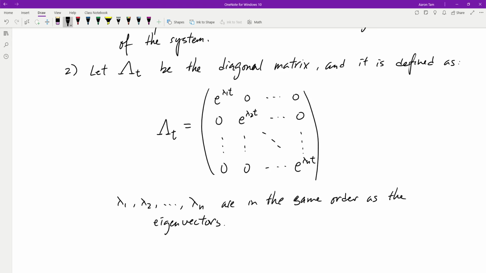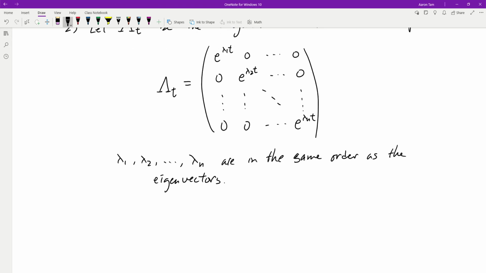So that is a diagonal matrix. I'm hesitant to call it an eigenvalue matrix because it's not just the eigenvalue, it's e to the eigenvalue times t matrix. So we are just going to call it lambda sub t matrix. Okay.